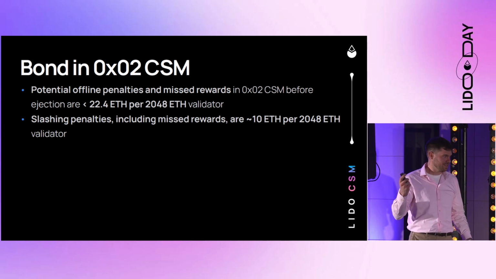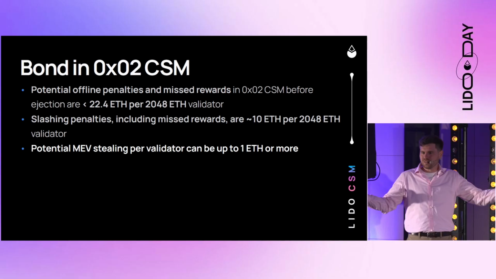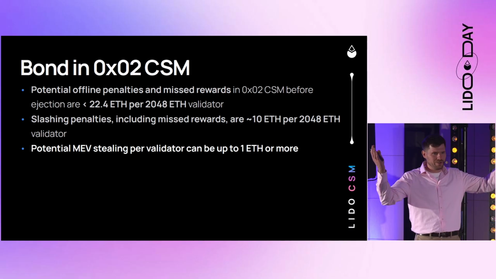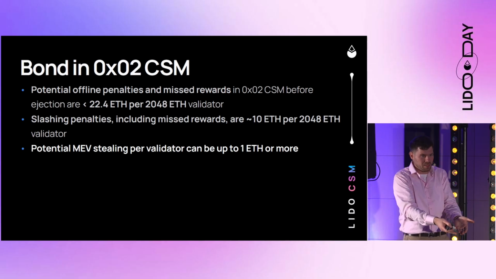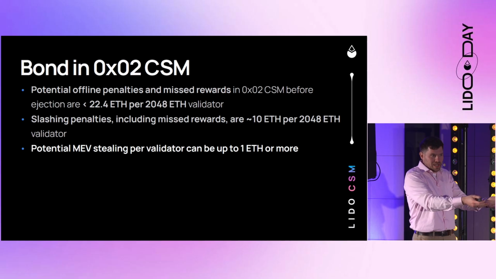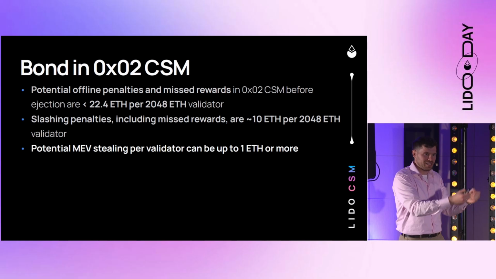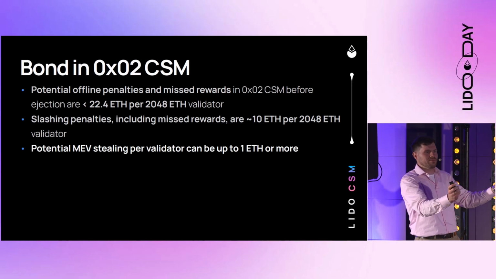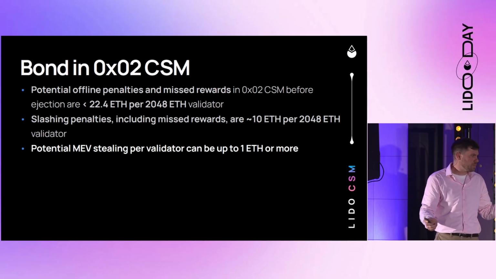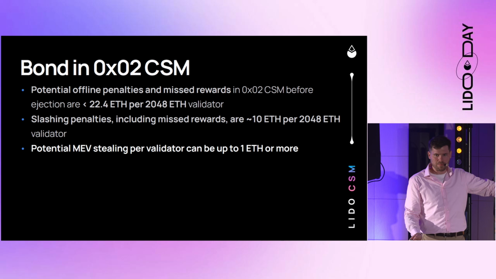But MEV stealing hasn't changed, because it doesn't matter if you are a big validator or a small validator, the blocks you produce are the same. The only difference is that big validators produce blocks more frequently. But still, in the same single event, you cannot steal meaningfully more than 1 ETH, which means that this factor is negligible compared to the two above.